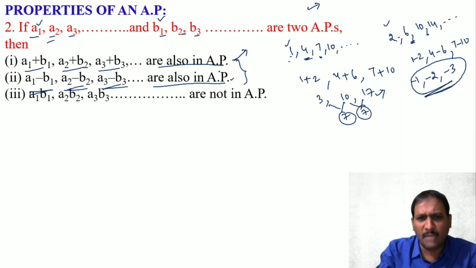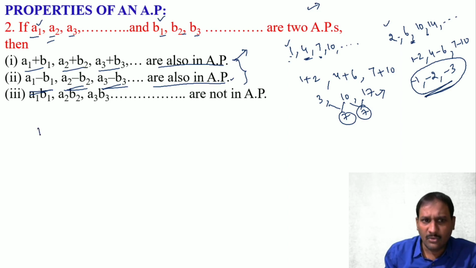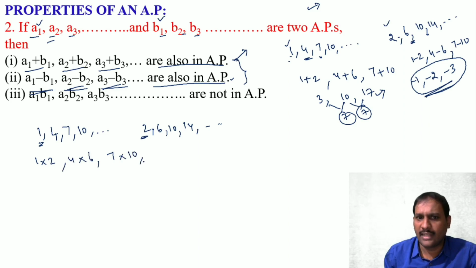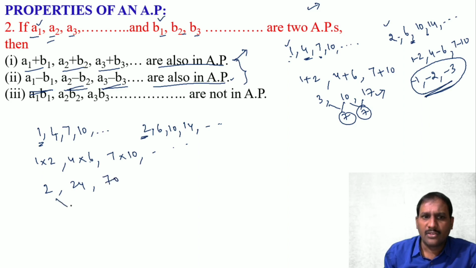And if you multiply them, what happens? Let us see. So what are the APs we have here? 1, 4, 7, 10 and so on. 2, 6, 10, 14 and so on. Let us multiply 1 into 2, 4 into 6, 7 into 10 and so on. 1 2s are 2, 4 6s are 24, 7 10s are 70. 24 minus 2 is 22. 70 minus 24 is 46.